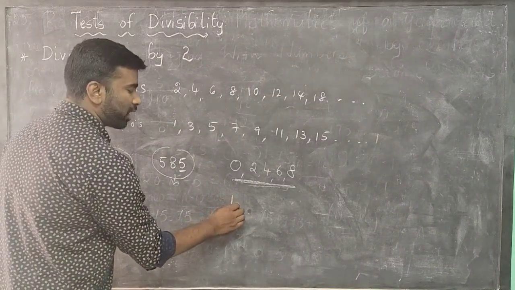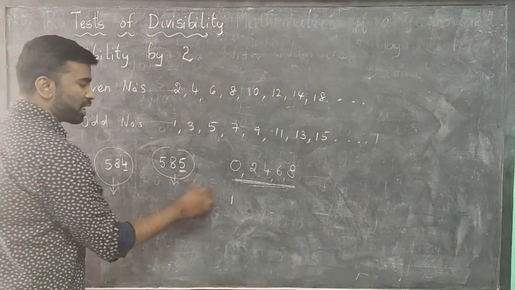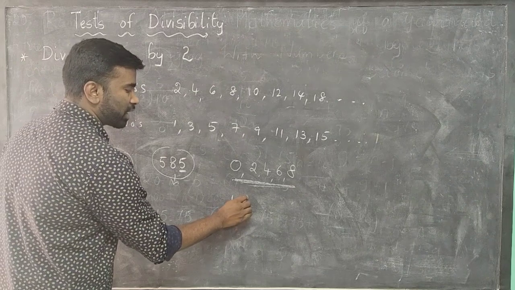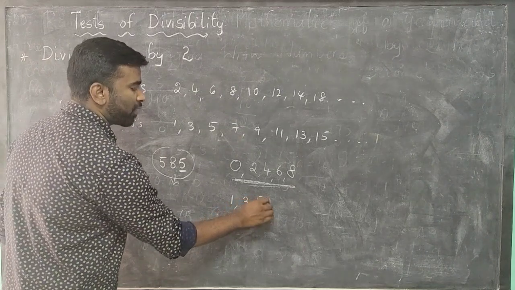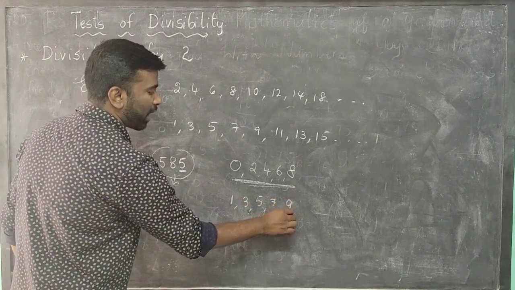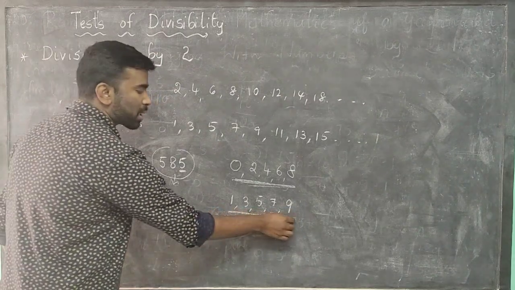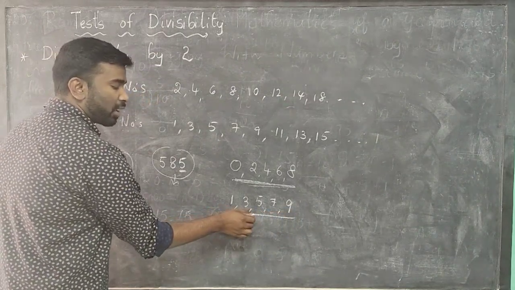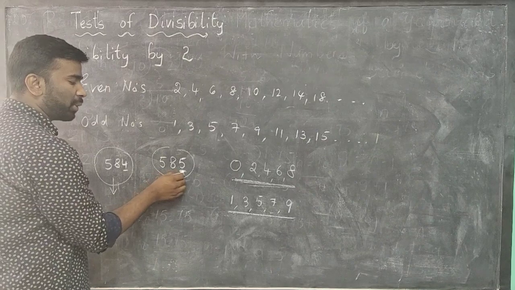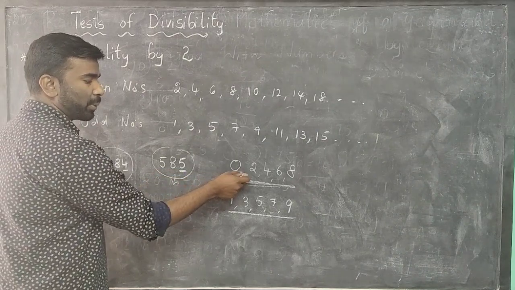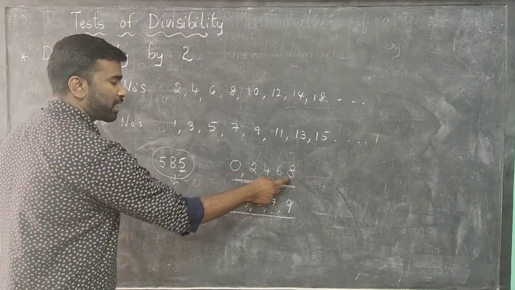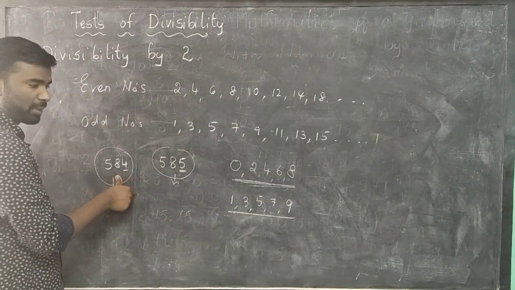Students, if in the unit digit you find 1, 3, 5, 7, 9, then those numbers are odd numbers. If the unit digit is 0, 2, 4, 6, 8, those are even numbers.